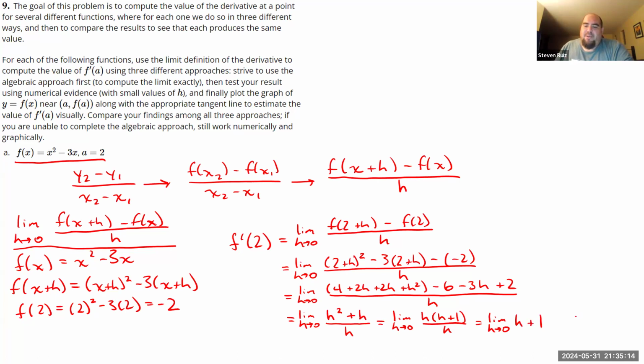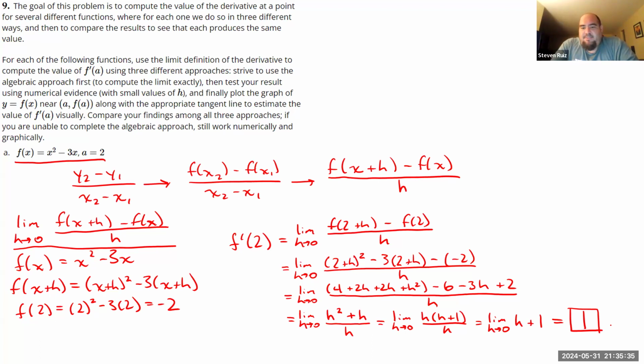Now I can truly evaluate that limit. As h goes to 0, this expression goes to 0 plus 1. So my derivative is 1. This is not an estimate, this is not an approximation. This is the exact value of this derivative.